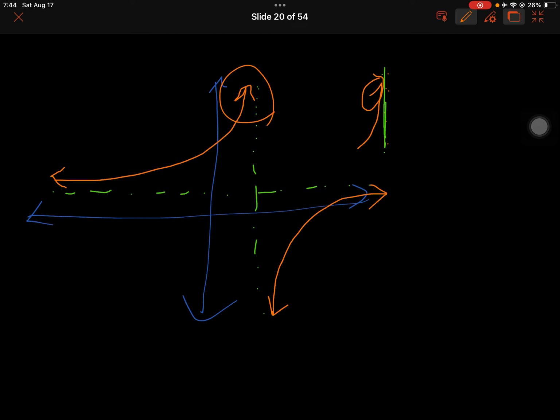It doesn't touch the asymptote, no matter how big or how large our number is. Okay? No matter how high the y value of this orange line. And the same for other parts here. This one, and this one. So, for rational function, again, we have to remember that there are asymptotes. Okay?